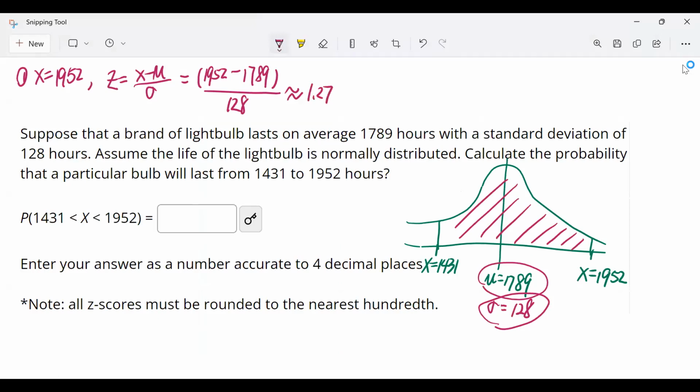Also we're going to find the z-score for the other x value, x equal to 1,431. So the z-score equals x minus mu over sigma.